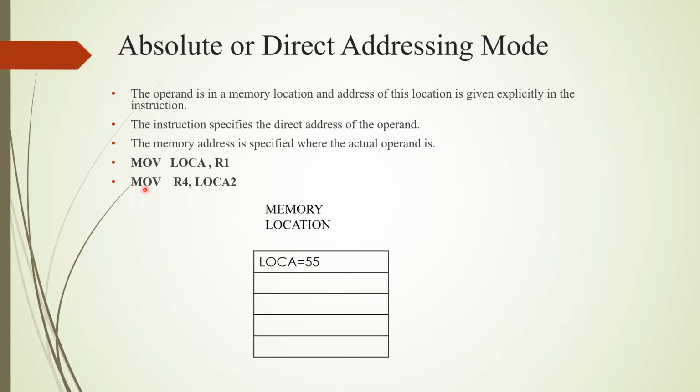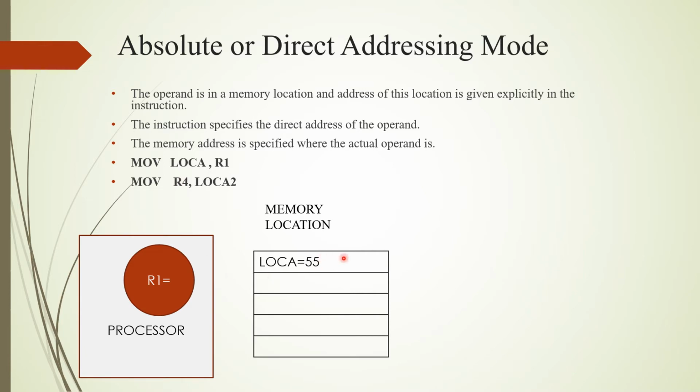Just analyze the first instruction, MOVE LOCA, R1. Consider a memory location. In this memory location, the symbolic name LOCA holds the content 55. So after execution of this instruction, the content of memory location LOCA is moved to the R1 register.